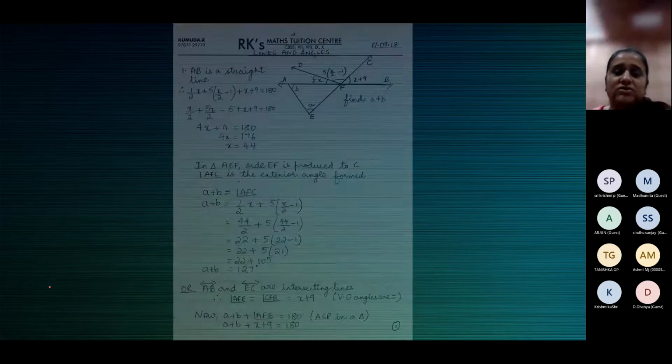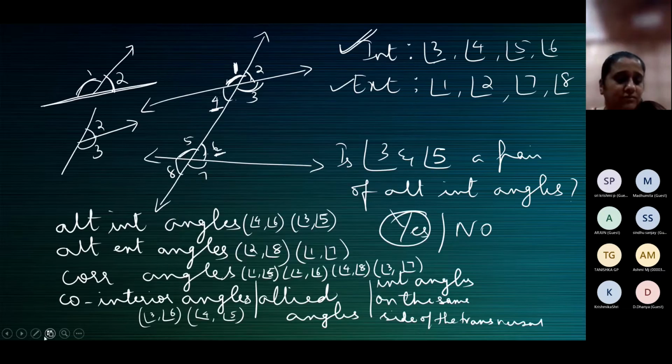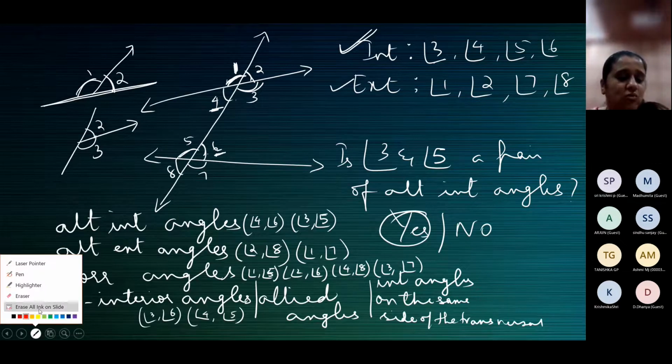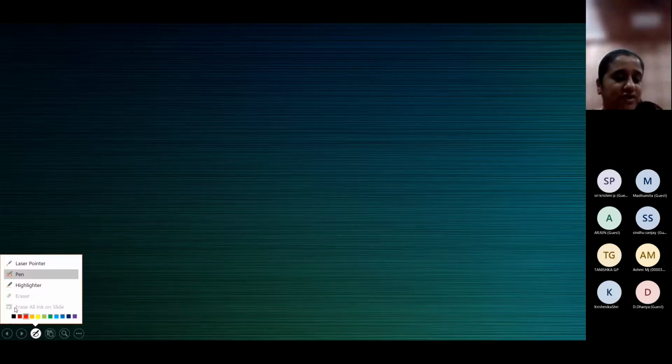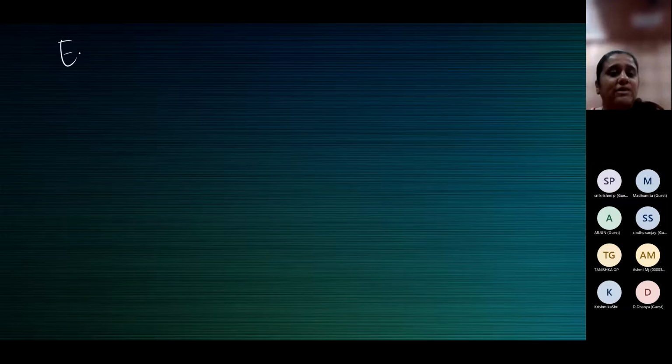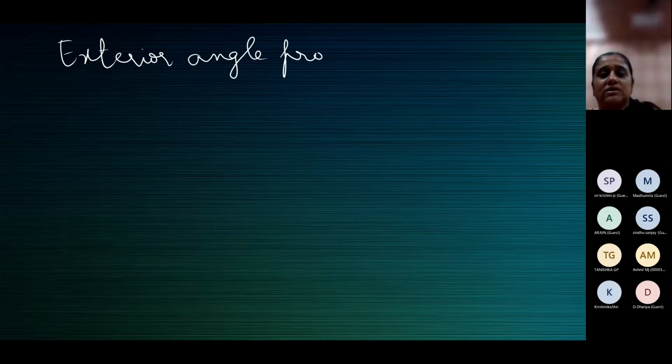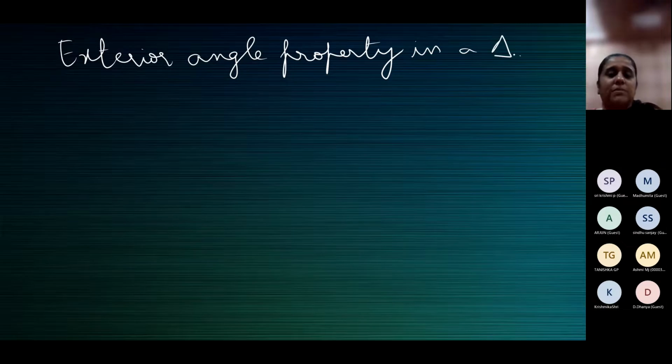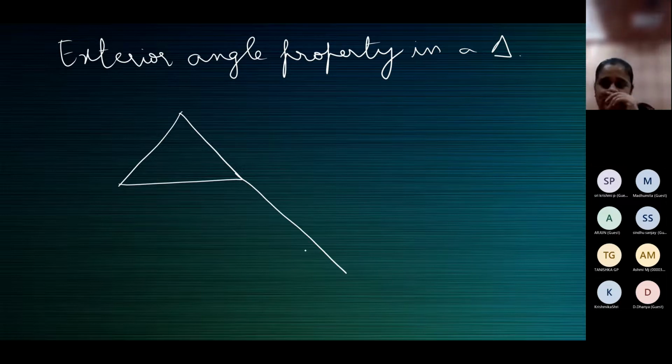Okay, let me just go back and check if you remember what the exterior angle property of a triangle is. Exterior angle property in a triangle. Now we have a triangle and one side of the triangle is produced.